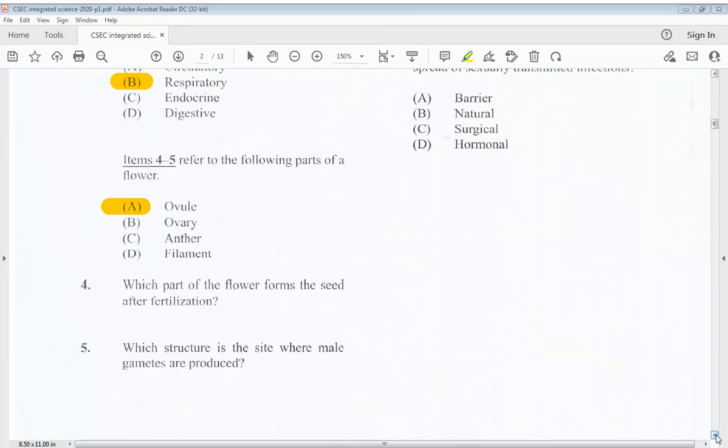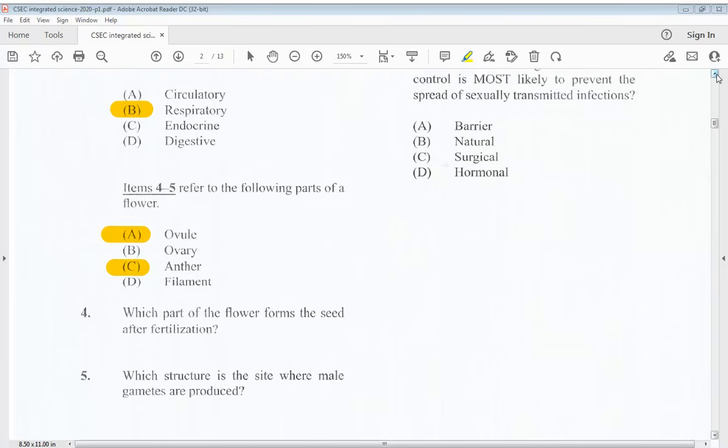Answer for question 5 would be C. Let's go to number 6.